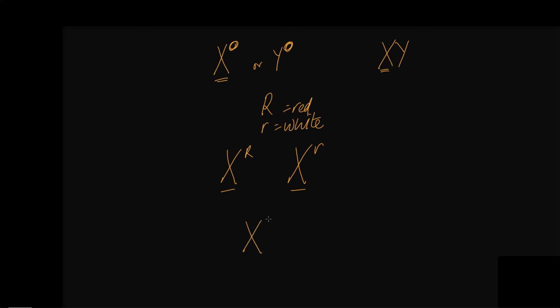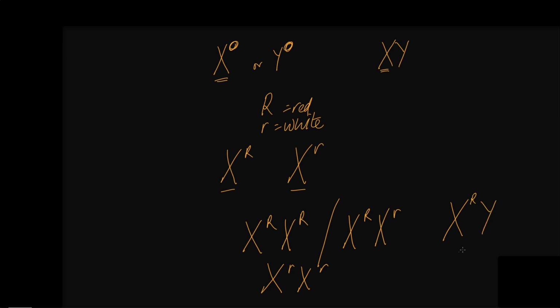So if a female is like this or like this, she's going to have red flowers, and if she's like this, she's going to have white flowers. And the male only gets one shot. He only gets one X chromosome. So if he's X big R like that, he's going to have red flowers, and X little r is going to have white flowers.